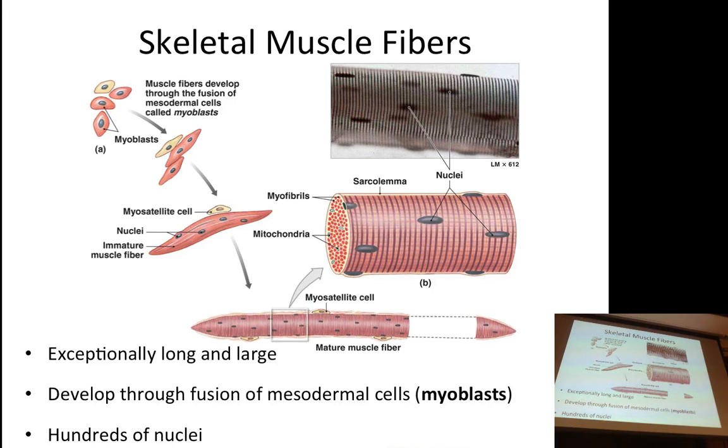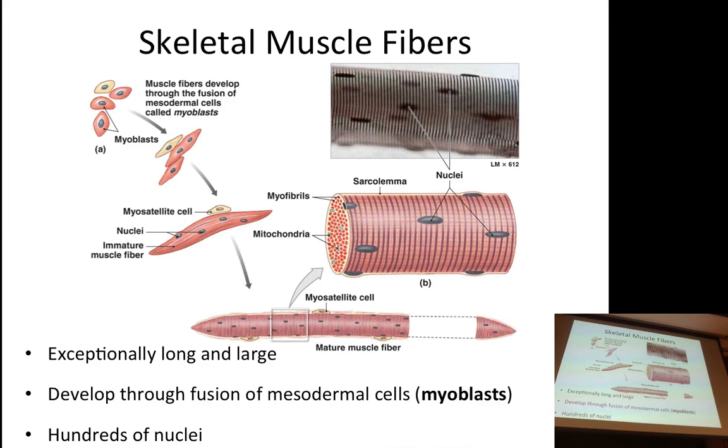So here in panel A, up in the corner there, we have a bunch of myoblasts that begin to self-associate. Their cell membranes fuse, they become syncytial, and all of these myoblasts are then now a muscle fiber with the nuclei spread throughout the length of these quite large cells.